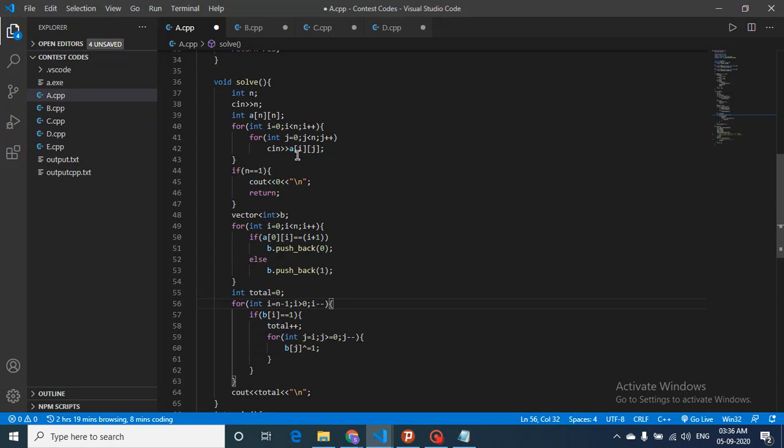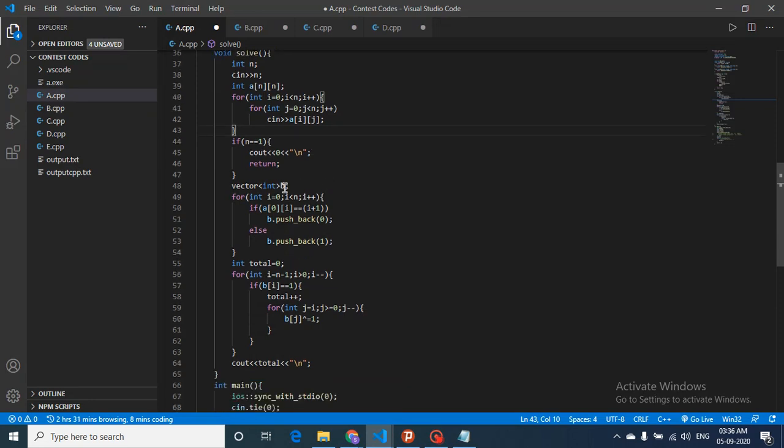First, take the input of all the elements in the matrix, and if n is equal to 1, then because there is only one submatrix and it will always be good, you don't have to do any operation, return 0. Else make a vector of size n, and iterate from 0 till n.